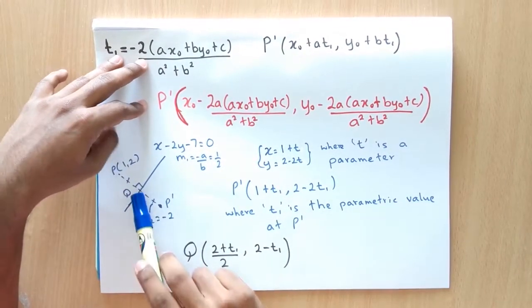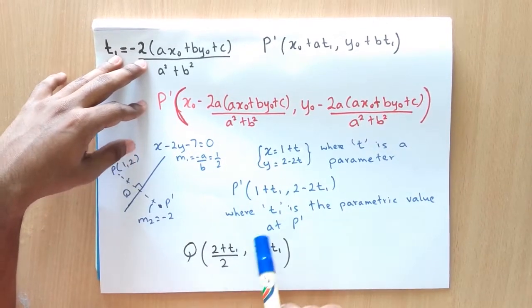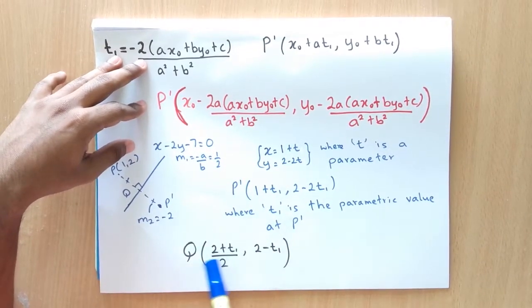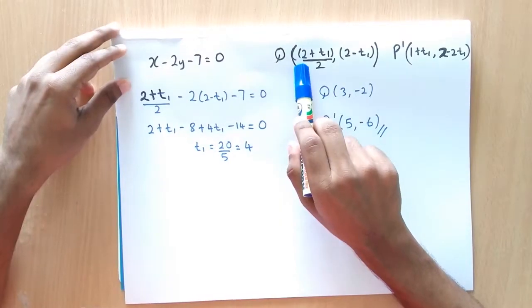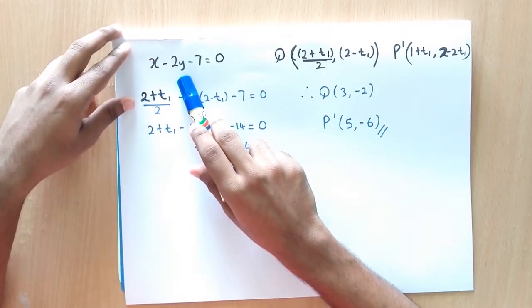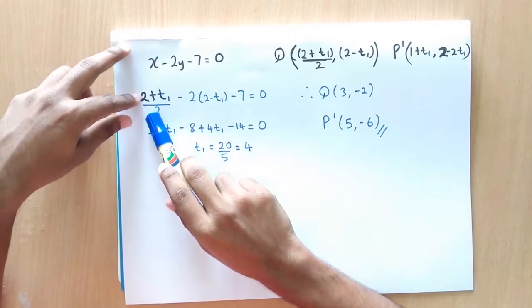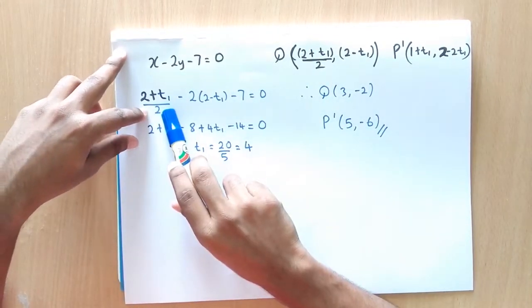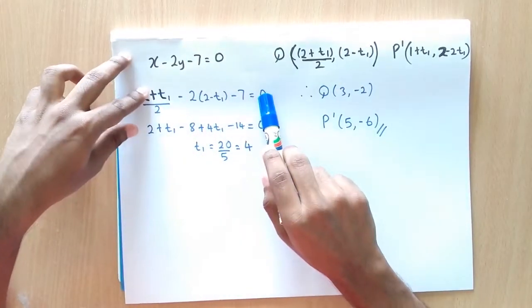Since Q is the midpoint, you add these two coordinates and divide by 2. So Q is (2 plus t1) over 2 and 2 minus t1. Now Q satisfies this line x minus 2y minus 7 equals 0. So when we substitute its coordinates, we get the equation (2 plus t1) over 2 minus 2 into (2 minus t1) minus 7 equals 0.